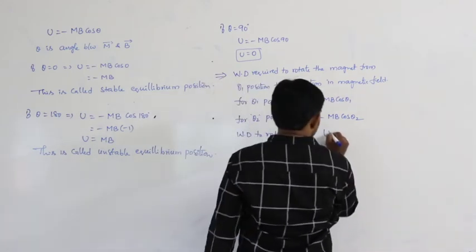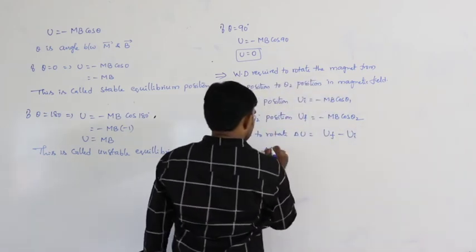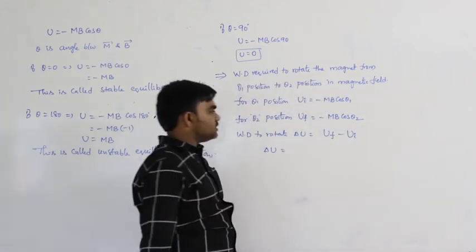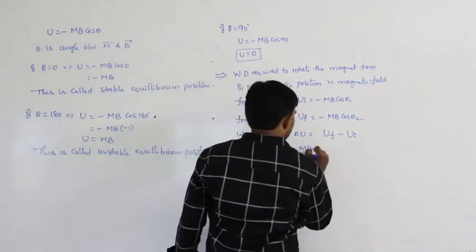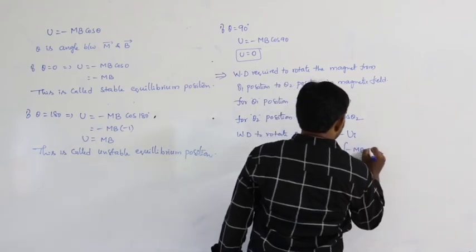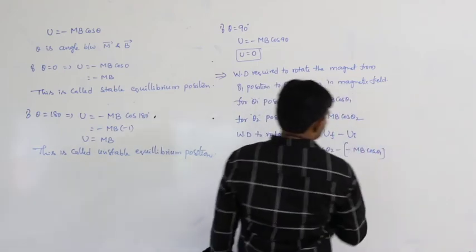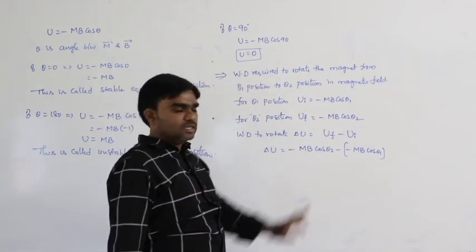The work done to rotate is the change in energy, and change means we must always write final minus initial.